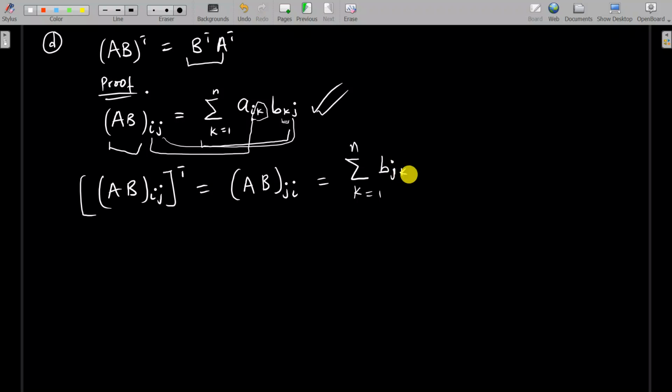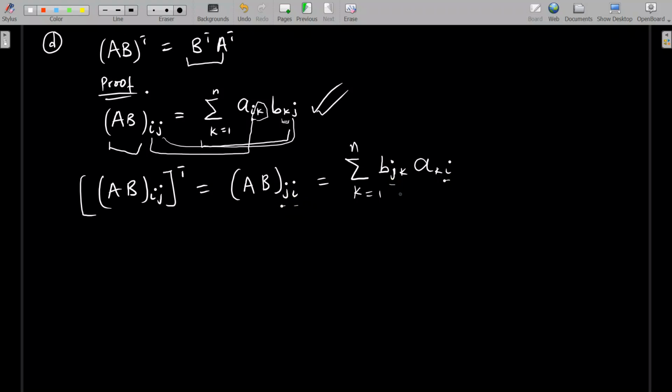Okay, so jk, I'm interchanging everything rather. So what I'm doing is I'm just interchanging everything. Then a ki. Right, so this is what I have, because I have aik is supposed to interchange to ki, so that I'm going to have the j and then I happening here, bji, right?